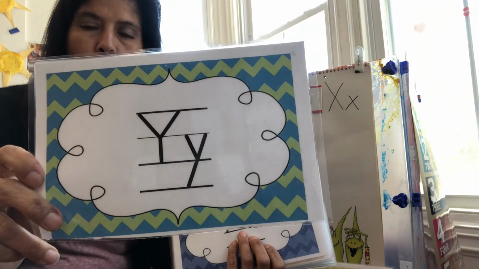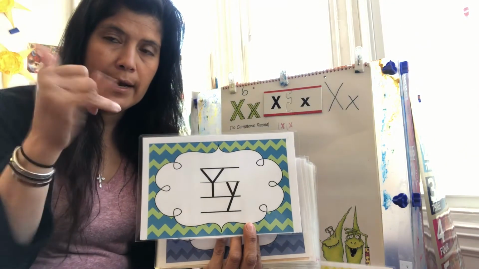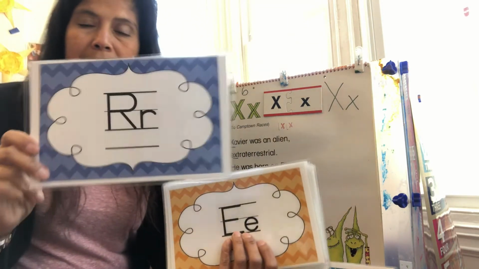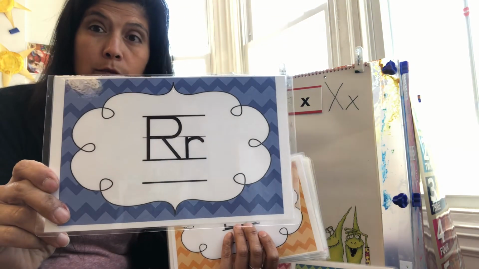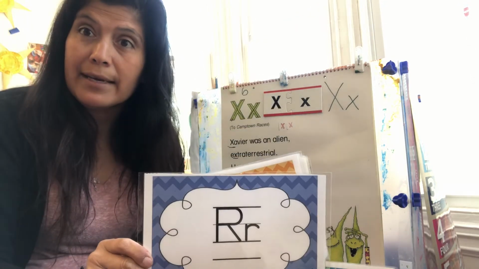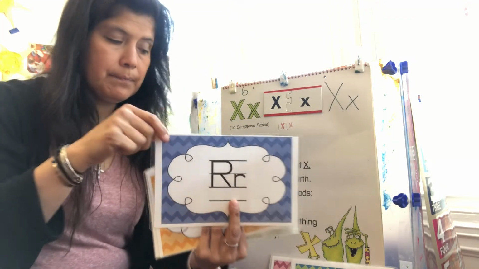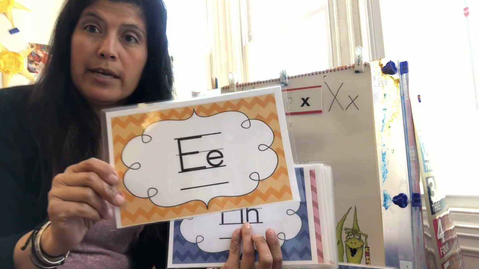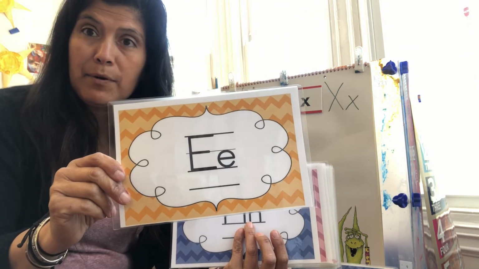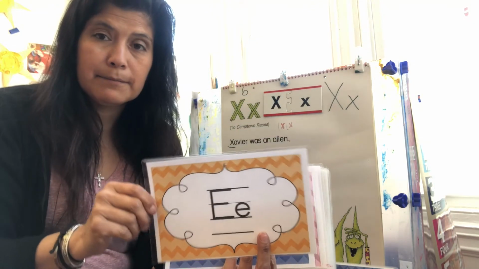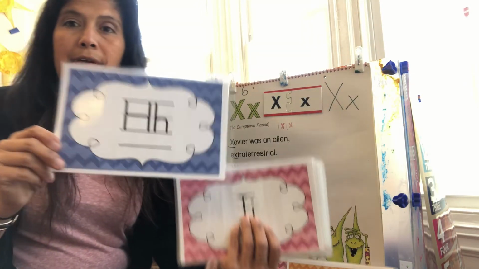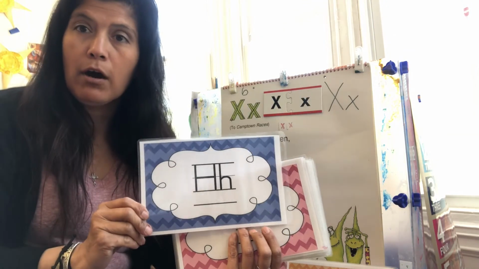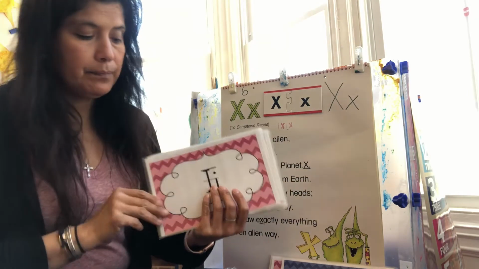We have the letter Y, Y for yellow or yo-yo. We have the letter R, R for Rudy, Ryan, and rain. We have the letter E, E for Eve, Emma, Emery, and elephant. We have our letter H, H for Harper and house or hot.